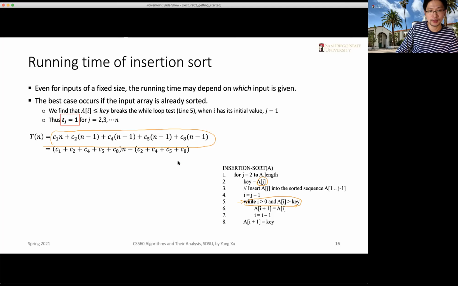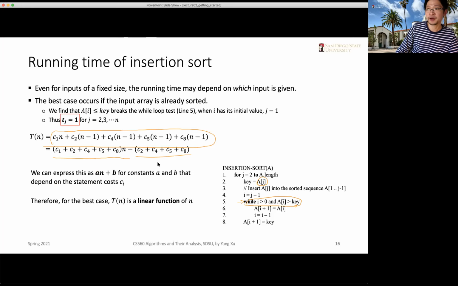Okay, and we can rewrite it by combining all the coefficients here. So it's a linear function. And we can further simplify it as a times n plus b, which is a very nice, neat linear form because the total running time of the algorithm grows linearly with the input size.